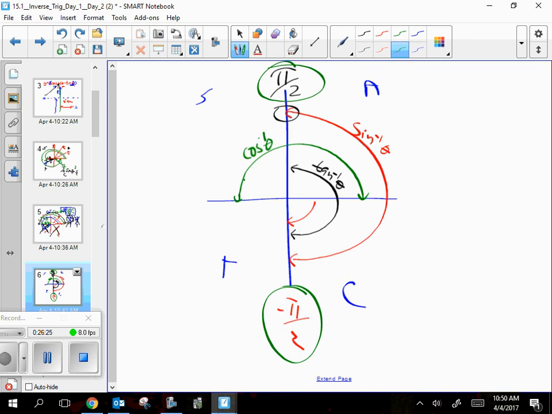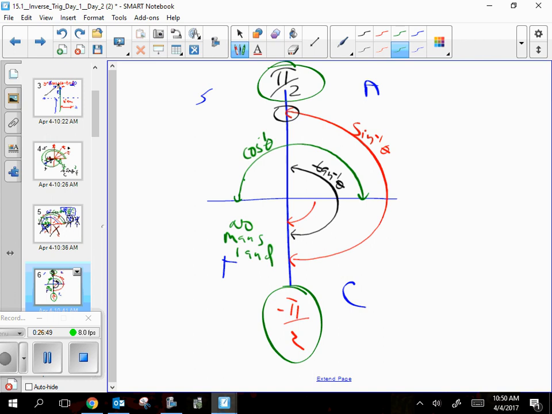Yes, sir? So if you're writing the angle for inverse sine, will it never be bigger than pi? It'll never be bigger than pi. You are correct. So if you have an answer, first of all, do you get that you can't even do any of the functions in here? I call it no man's land. If you're ever drawing a triangle there to do an inverse trig problem, you're doing something wrong.